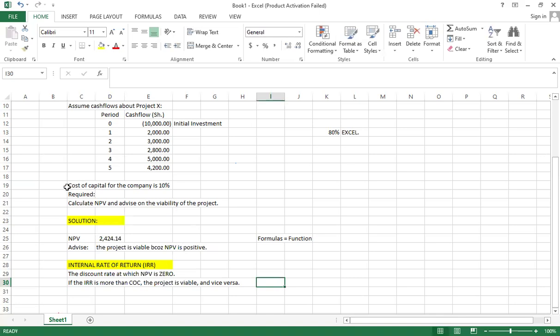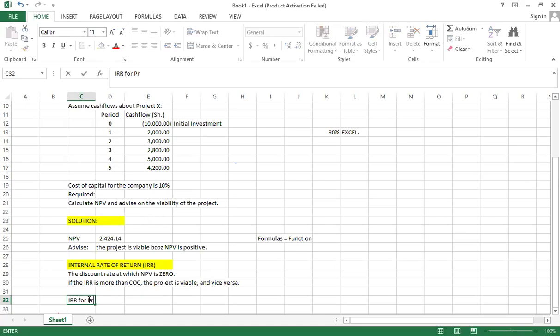Like in this example, for the company, the cost of capital was 10%. So if for project X the internal rate of return is more than this 10%, then we'll say that project X is viable.